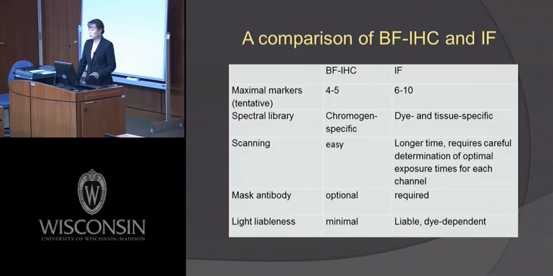Otherwise, some of the markers may be oversaturated while others are underexposed. With a mask antibody, for bright field it's optional because we can see the morphology with the naked eye, yet with a fluorescent assay, without a mask antibody you don't know where your target compartment is if there's no staining. So oftentimes you are just looking at a dark image.